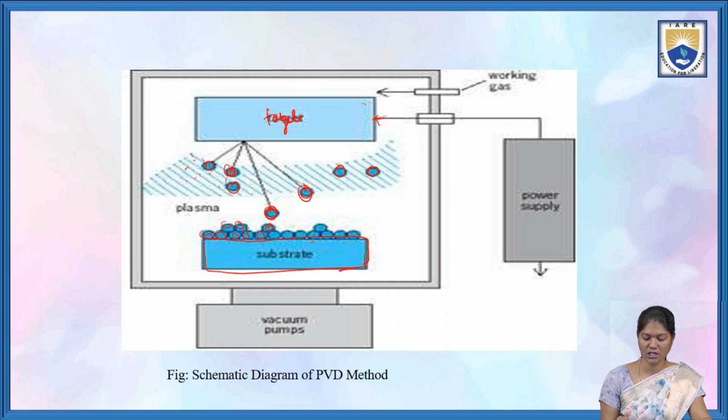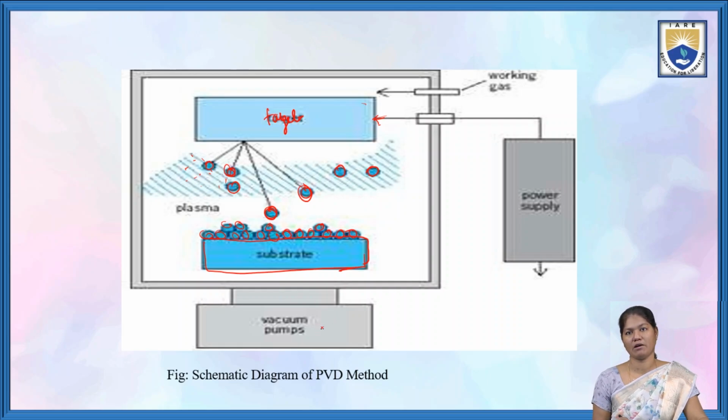So likewise, we can form a thin film on the substrate. This happens in a vacuum chamber. That is, we are connecting some vacuum pumps to this apparatus.